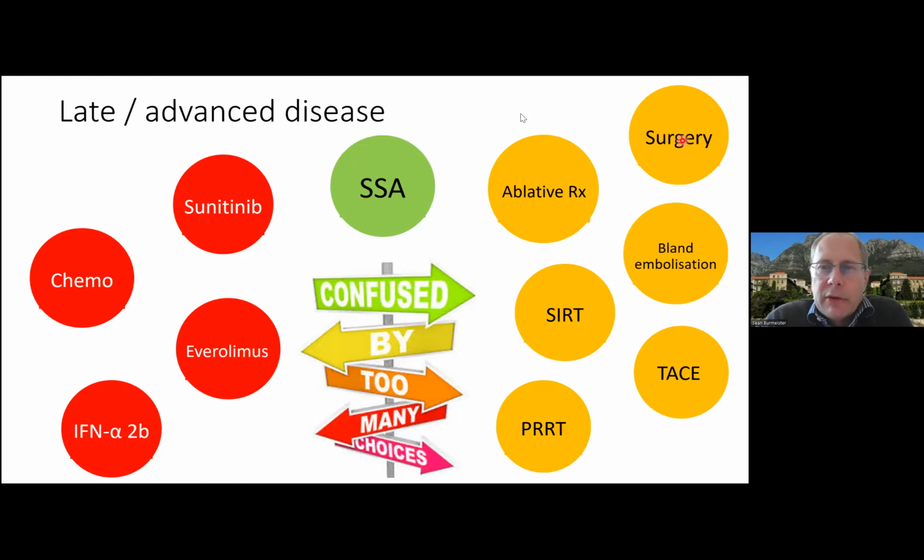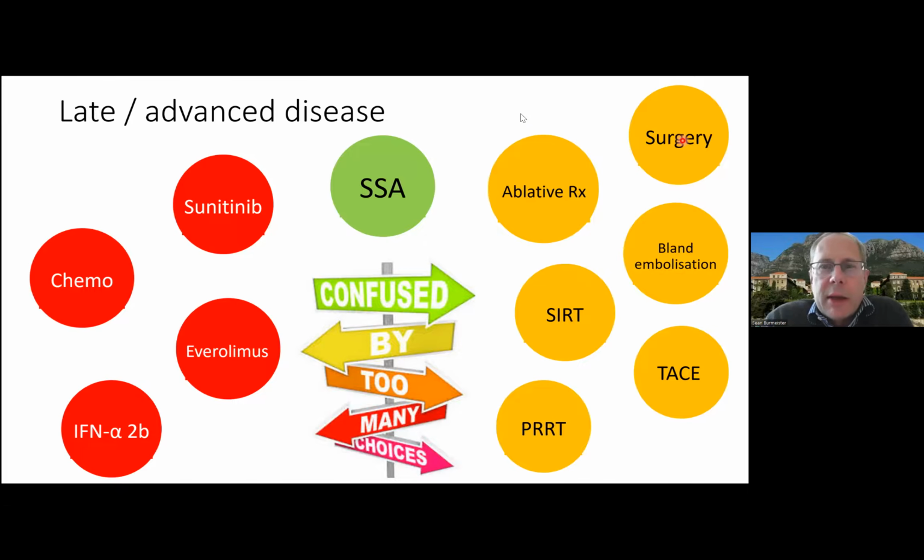Although it's a bit of a gray area at the moment, most people would say a patient should go onto a somatostatin analog and then be surveilled or observed. And if there is progression of disease, then alternative therapy is considered. And then there's this range of alternative therapies that you see here in front of you.